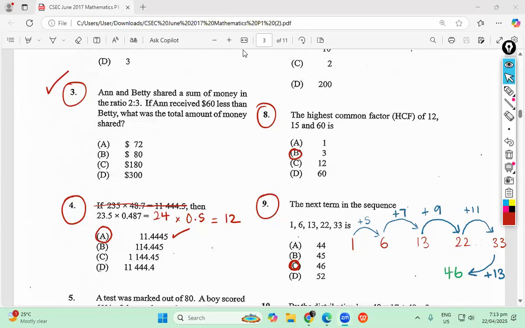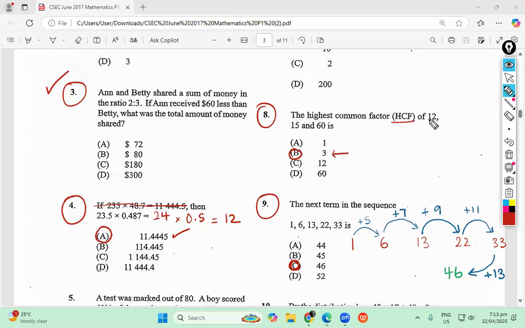Let's work this out here. I just want to clear up something. 3 is not the LCM. Somebody is telling me 3 is the LCM. No, I'm pretty sure I didn't make a mistake there. That's HCF, highest common factor.